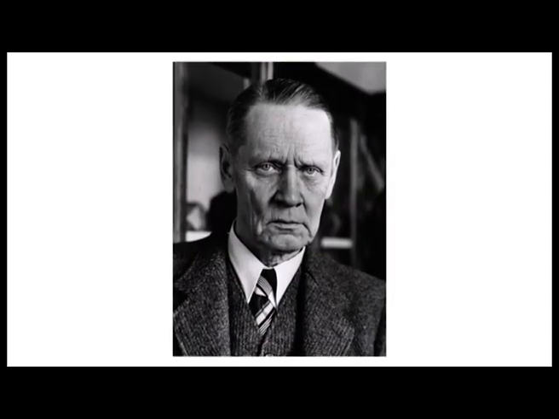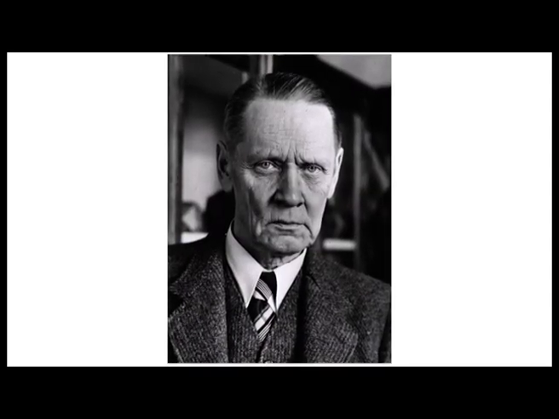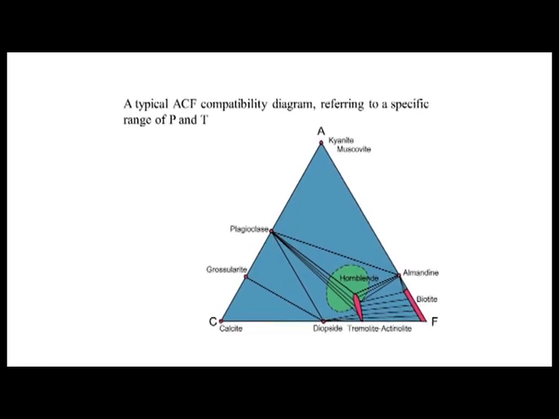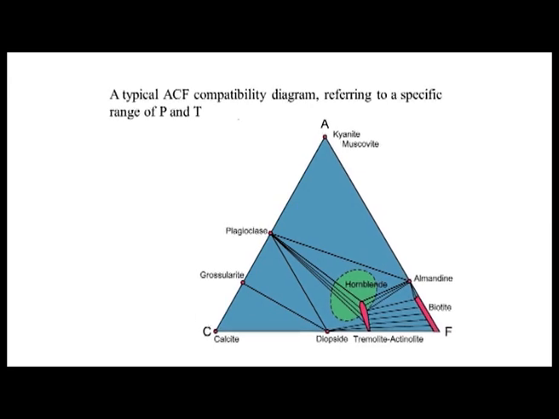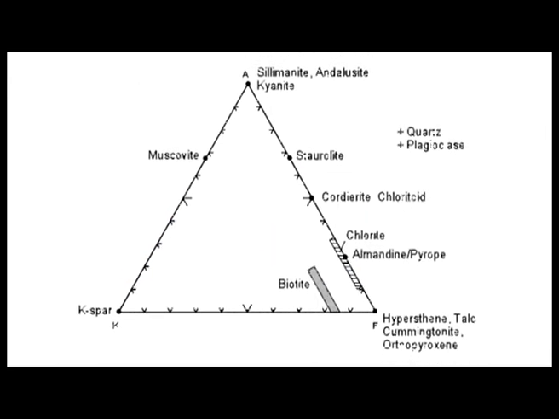Eskola applied the phase rule for developing graphical diagrams of mineral equilibria in ACF and AKF phase diagrams. The ACF diagram is useful to show major phase changes, to deduce mineral reactions and to relate mineral assemblages to the bulk composition.